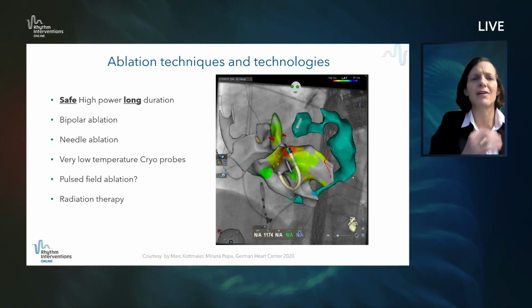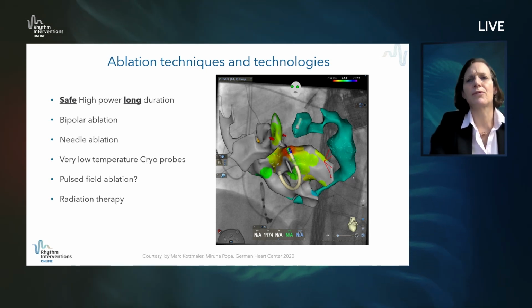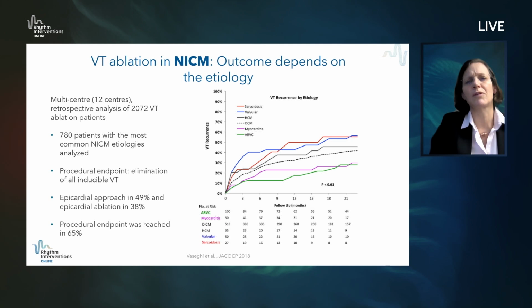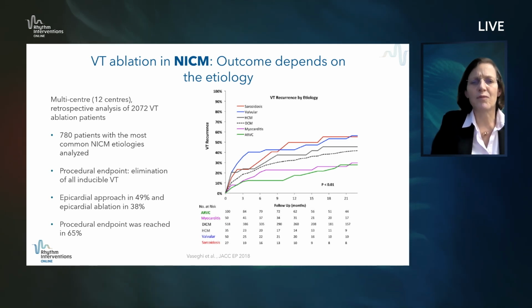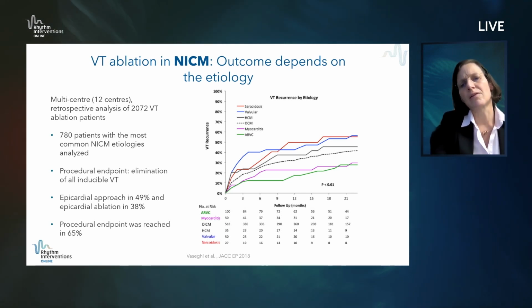There's a very nice work from 2 years ago, where people could find out that the VT ablation success in non-ischemic VT depends on the etiology of these VTs, and worst, and that's completely okay with my feeling, is sarcoid.